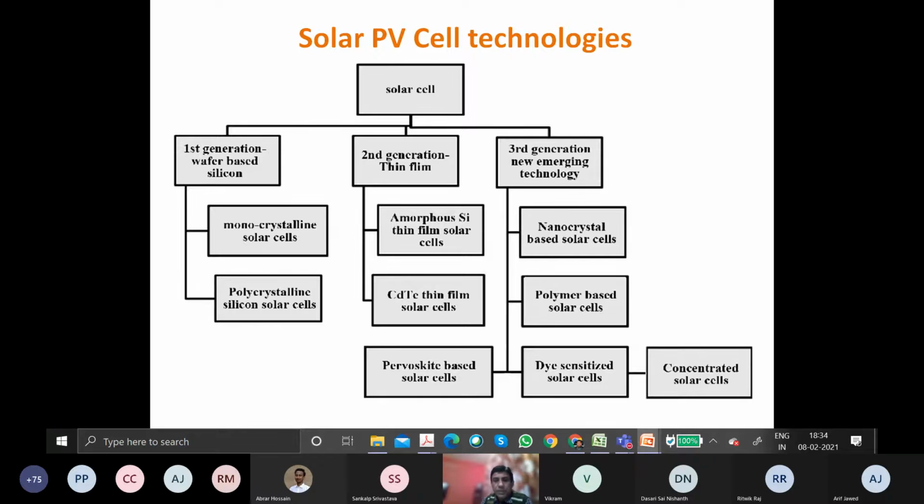There are various heterojunction modules also, where one compound is on one side of the junction, and another compound is on the other side of the junction, and that's how it has the ability to absorb more or different frequency or different energy of the photons.